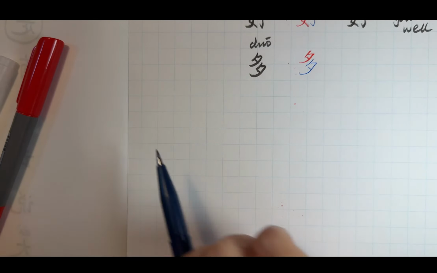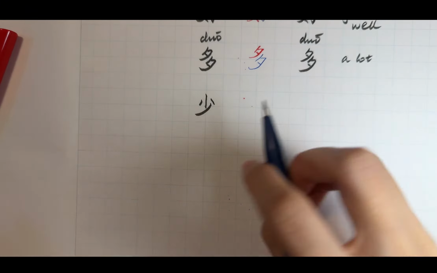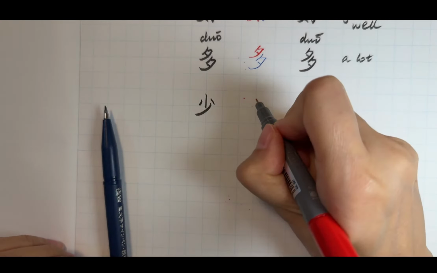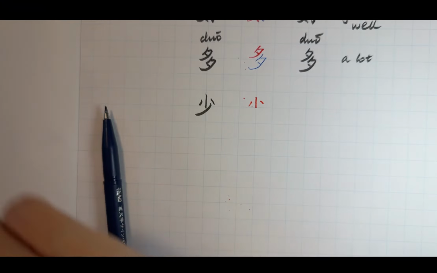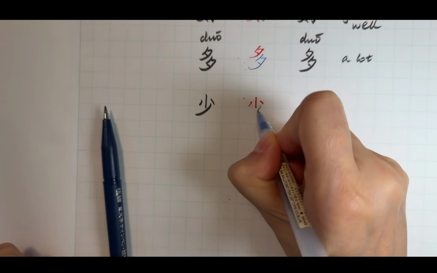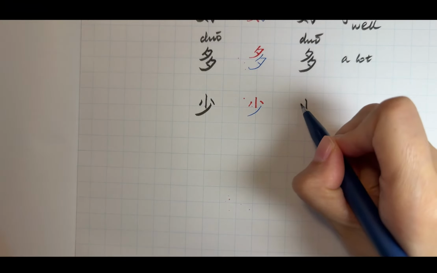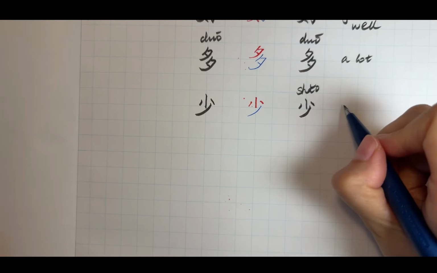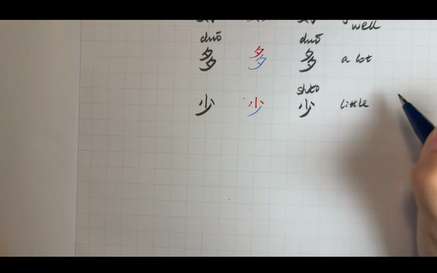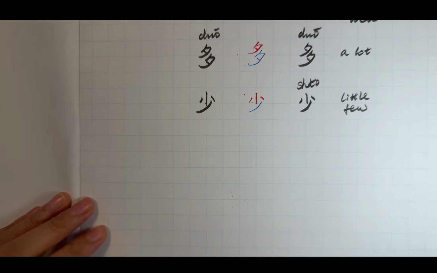This looks like the 小, but we have this stroke, that is 少. So you can write something like 小 but without the 勾 and plus this. So that is 少, which means little or few. 多少. 多和少.